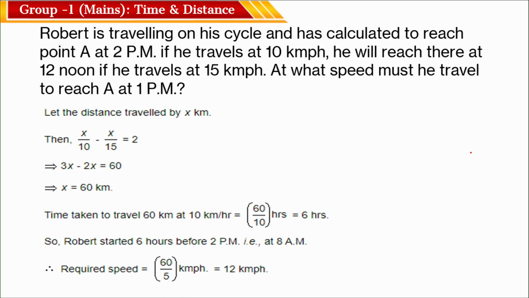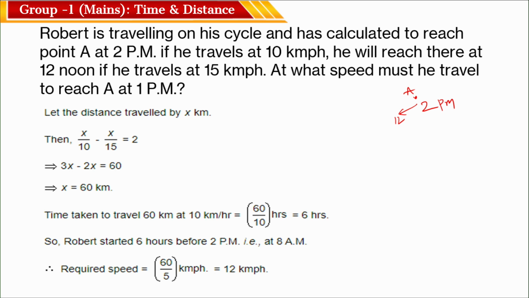Robert is travelling on his cycle, calculated to reach a point A. To reach this point, the time taken is 2 p.m. If he travels at 10 kilometers per hour, he will reach at 12 noon, meaning 2 hours earlier.